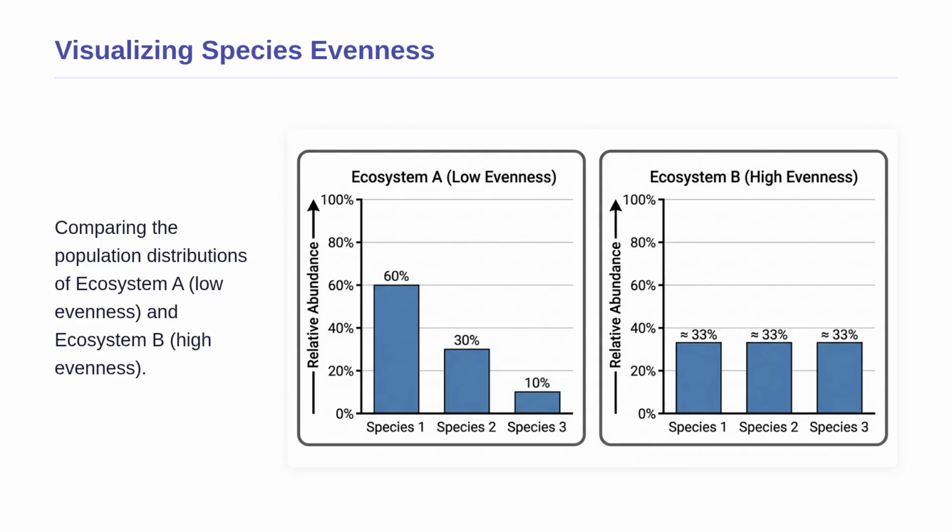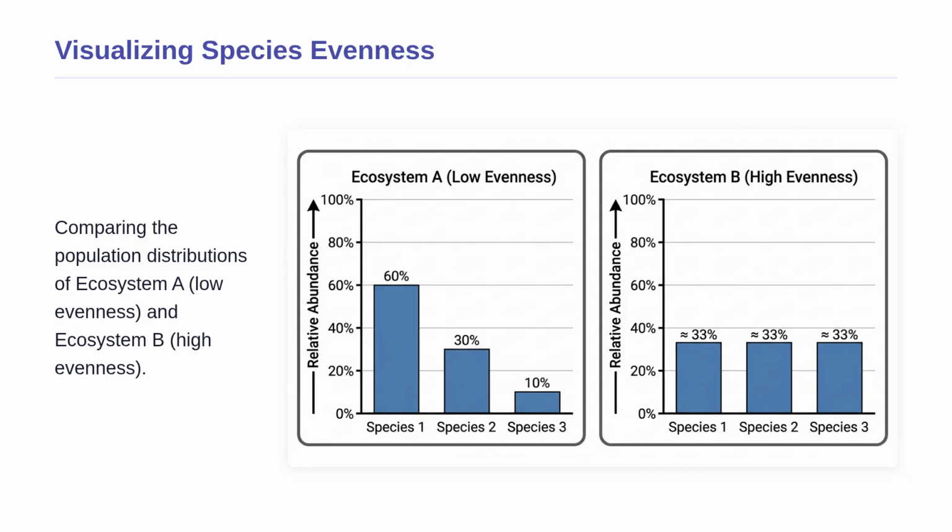The horizontal axis shows the three different species. In ecosystem A, which represents our first garden, you can clearly see a massive imbalance. The first bar towers over the others, showing low evenness. In ecosystem B, representing our second garden, the bars are almost perfectly level.